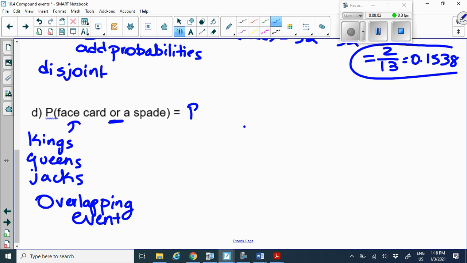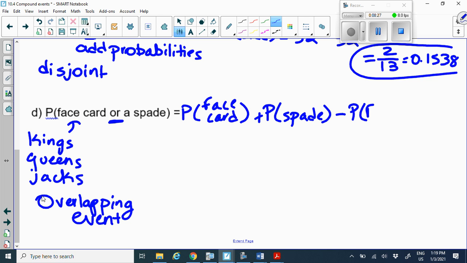So to do this, we're going to have the probability that it is a face card, plus the probability that it is a spade, minus, now since this is an or, the probability that it can be a face card and a spade. Okay, so that was one of our formulas we did with overlapping events.